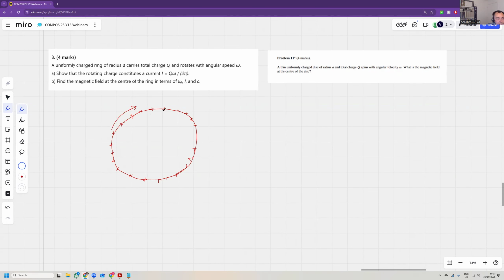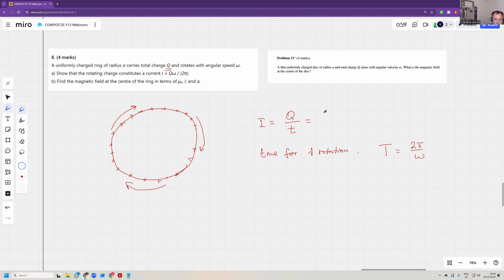So current is charge divided by time, and the total charge is Q. The time for one rotation is the time period, which is equal to 2 pi divided by omega.